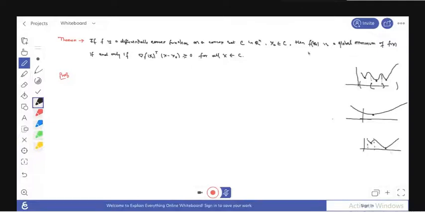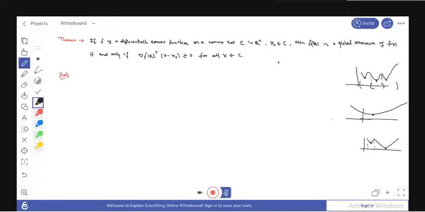If your function is convex, then the local minimum is the global minimum. So for a convex function we find the local minima, and that is also the global minimum.